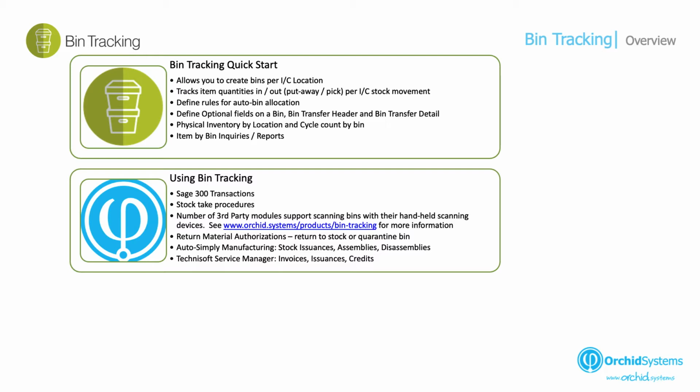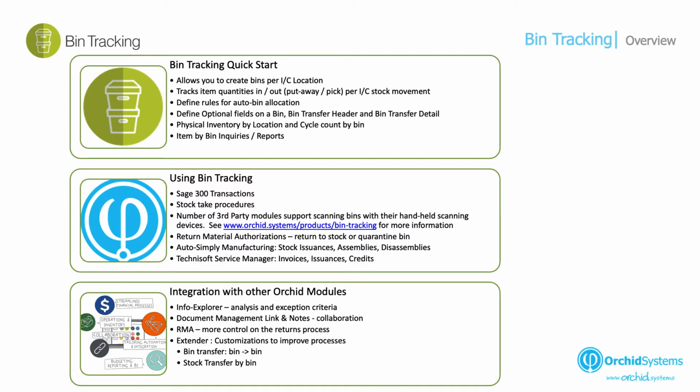We will present two options for Stocktakes, and we will discuss the third-party modules that support scanning bins with their handheld scanning devices, show you an example of using bin tracking with RMA, and discuss how to use bin tracking with AutoSimply Manufacturing and Technisoft Service Manager. Finally, we'll also show you integration of bin tracking with other Orchid modules, such as Info Explorer and Document Management Link.